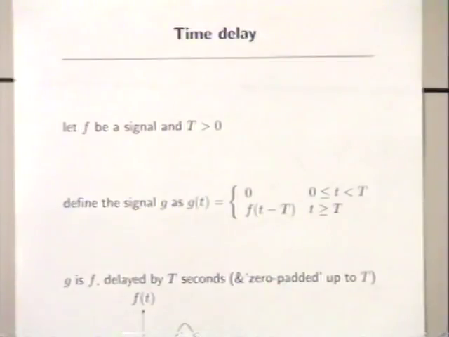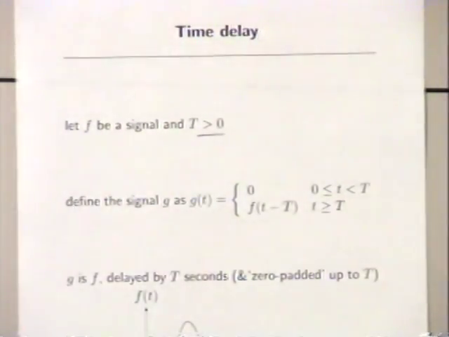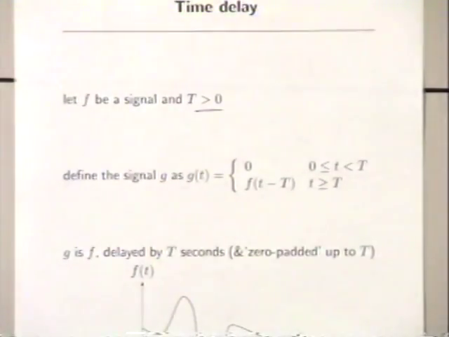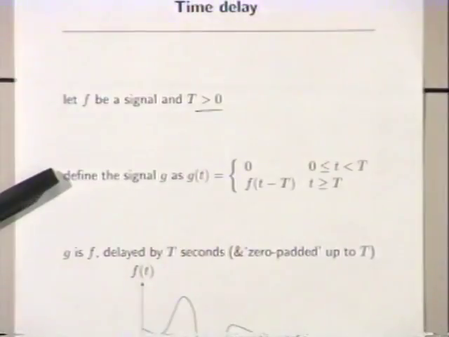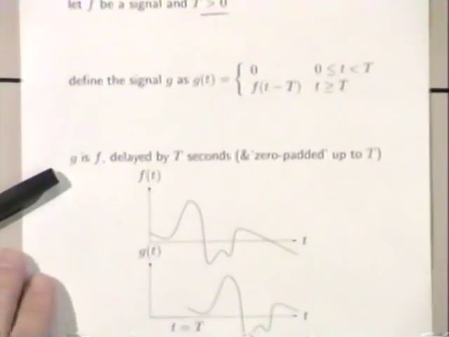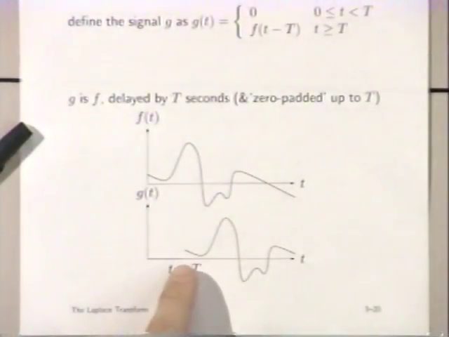So here, suppose you have a signal and a positive time T. Let's define a new signal as the original signal delayed capital T seconds. T is positive, okay? So here's a plot. Here's the original signal, and the new signal is the old signal delayed.